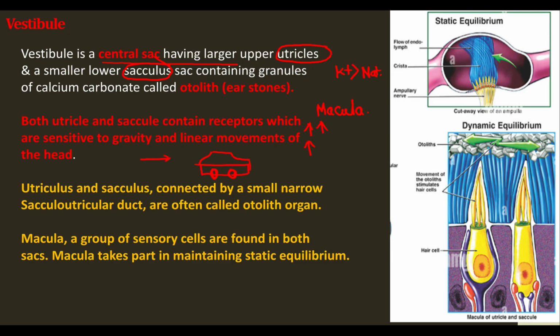So utricle and saccule are for balancing the body when our body is moving. Means we are sitting, but our position is moving. Fine. So for maintaining dynamic equilibrium, we have utricle and saccule, and then we have semicircular canal.